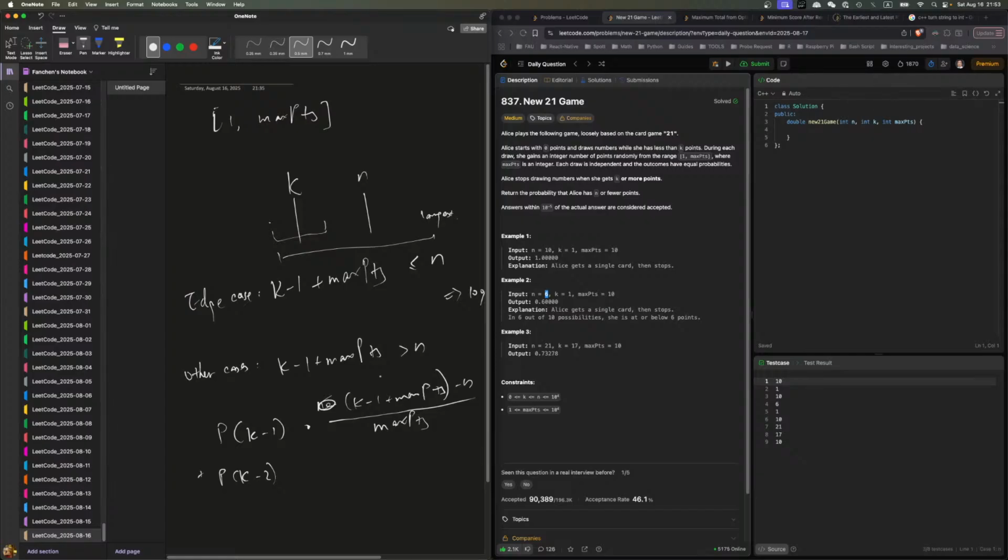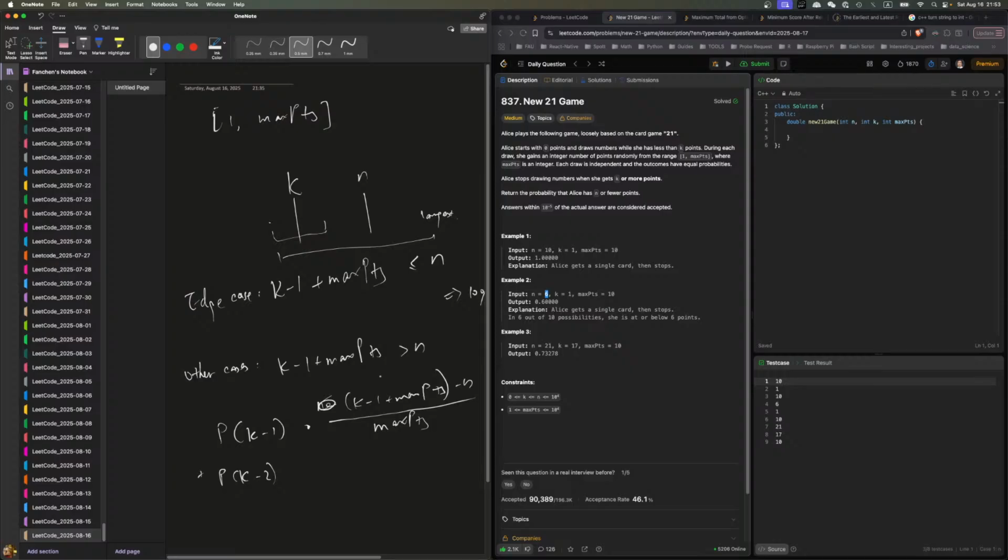Larger than k, and smaller or equal to n. So you can find whatever this is until a point where it does not get larger than k. Right, it cannot reach larger or equal to k, and that's when we stop considering.